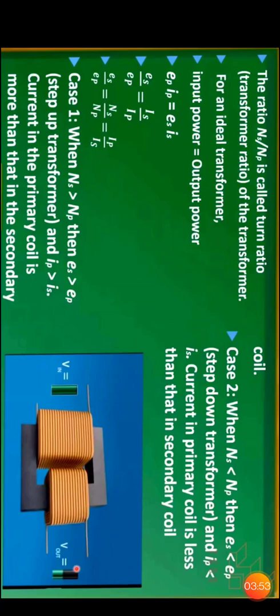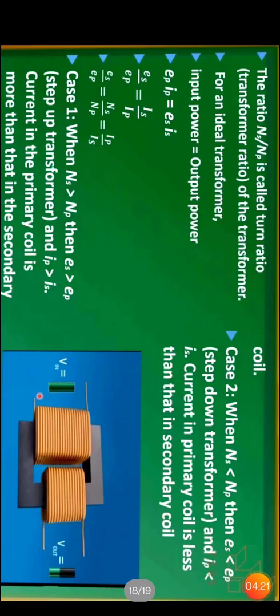For the first case, when the number of turns of the secondary coil is greater than the number of turns of the primary coil, then es is greater than ep, that is a step up transformer, and ip is greater than is, so the current in the primary coil is more than that in the secondary coil.